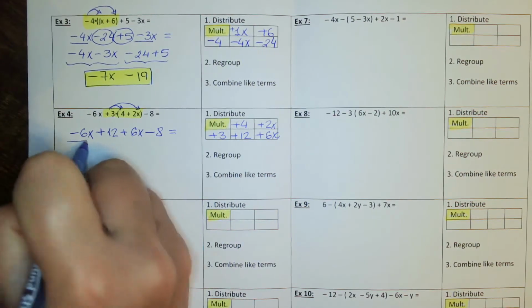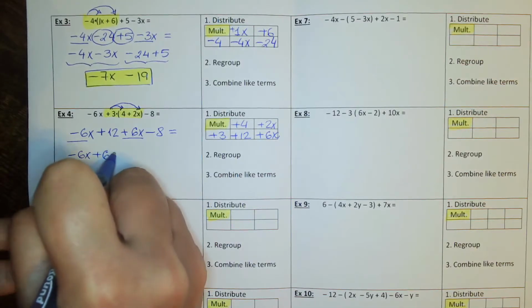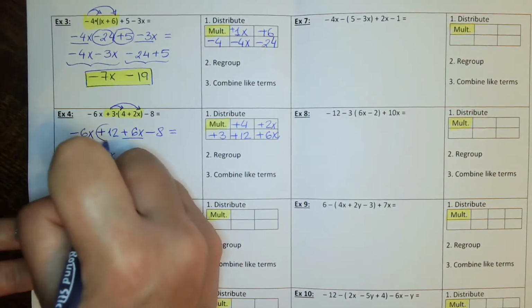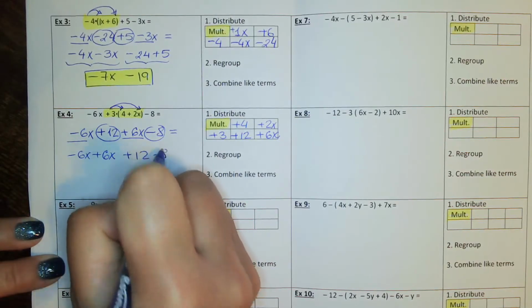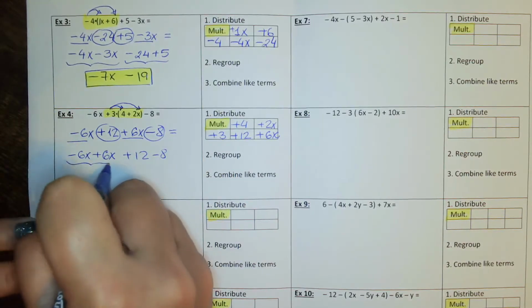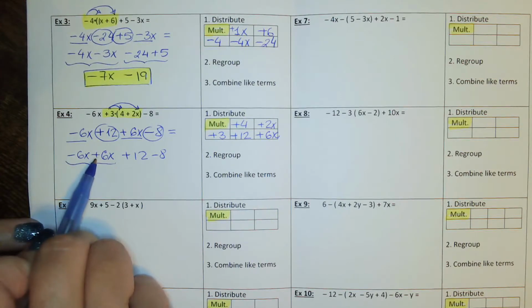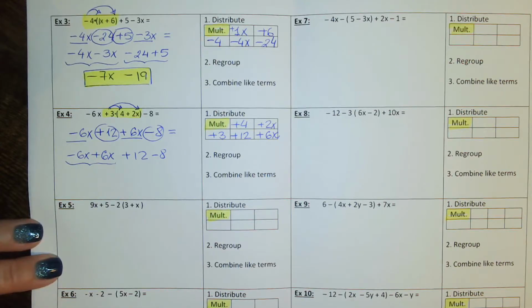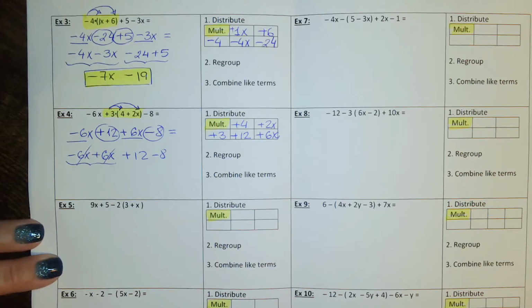Regrouping, negative 6x and positive 6x, constants, positive 12 and negative 8. When we look at the x terms, we have negative and positive, different sign we subtract, and we have a 0x, or opposites cancel, and that's still 0.